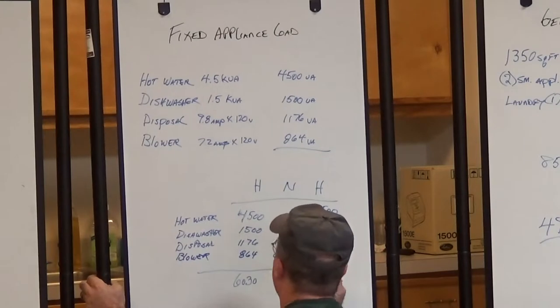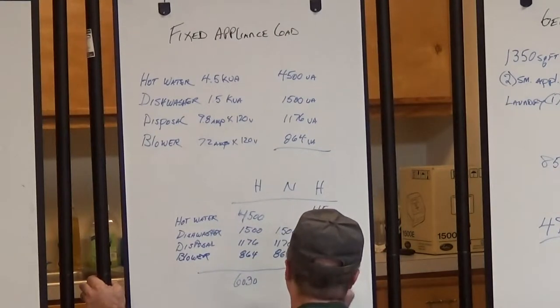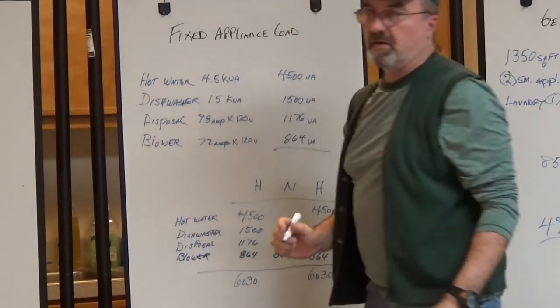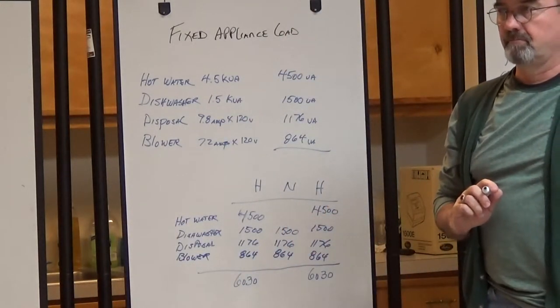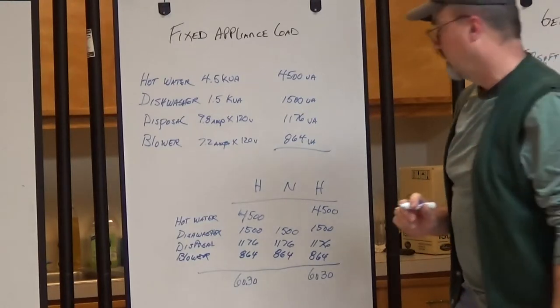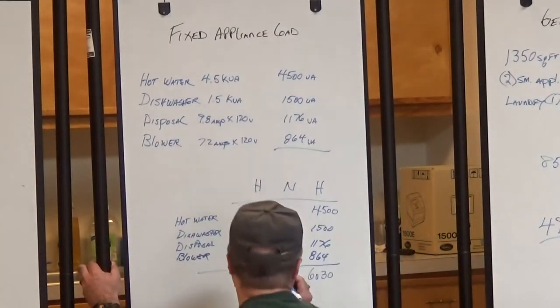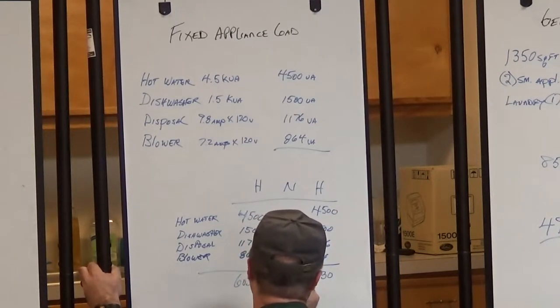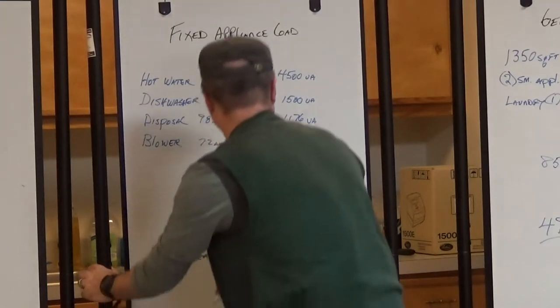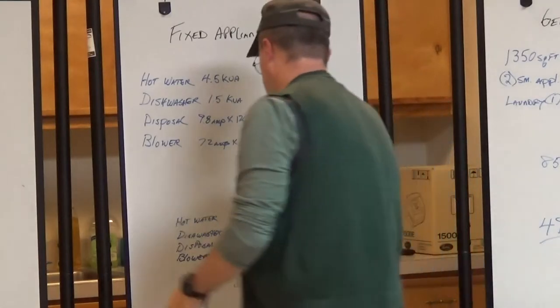And the total VA of the neutral is what? 3,540. 3,540? Yes. Okay. So that's the total.